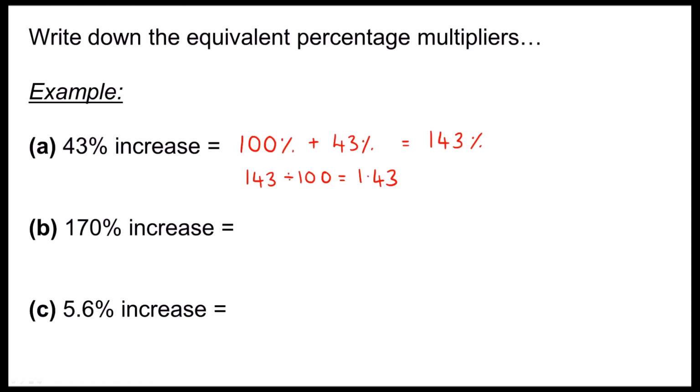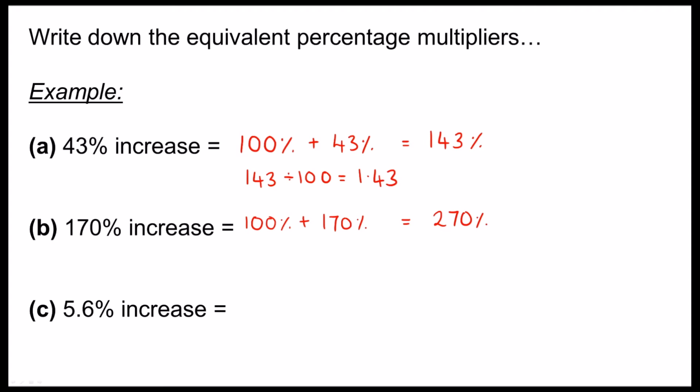In part B, I'm asked to work out a 170% increase. This means I've got 100%, which is my original amount, plus an extra 170%. That means I'm going to be left with 270% of what I started off with.